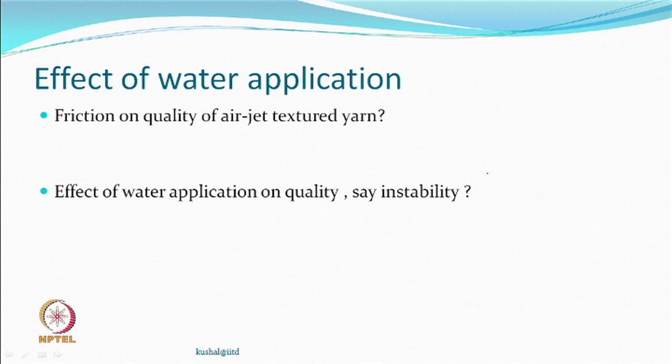So, let us see. In a later part of the machine development, people said that let us wet the fiber a little bit. In this context, why people thought so was that there was a lot of work being done on inter-yarn friction in the air jet texturing process.